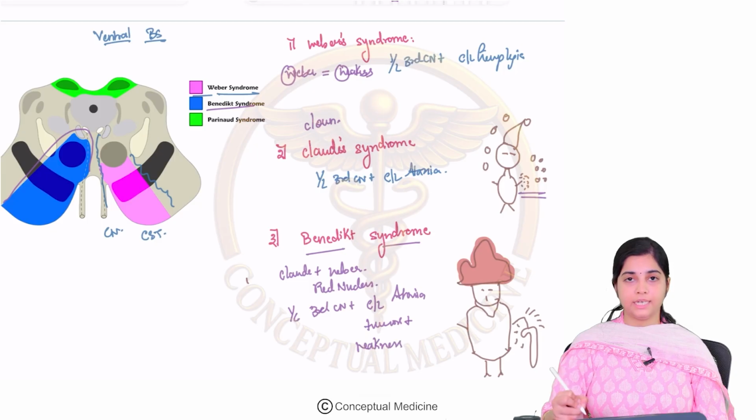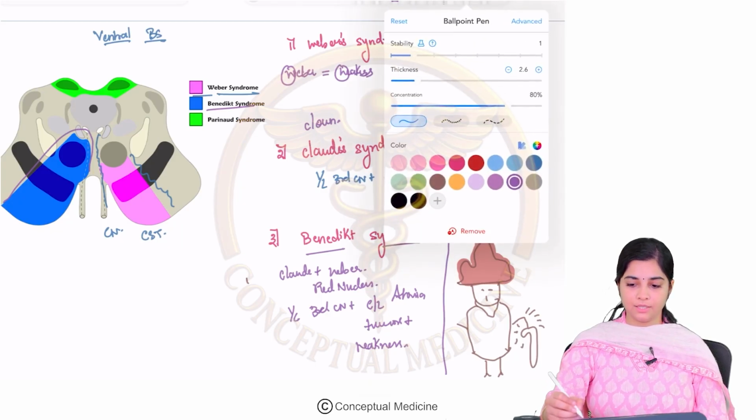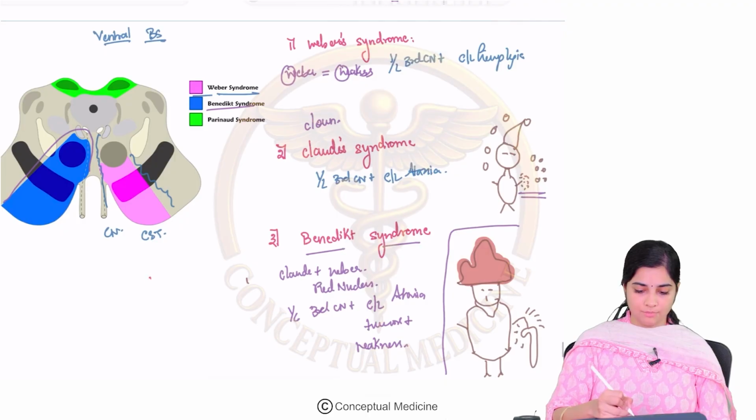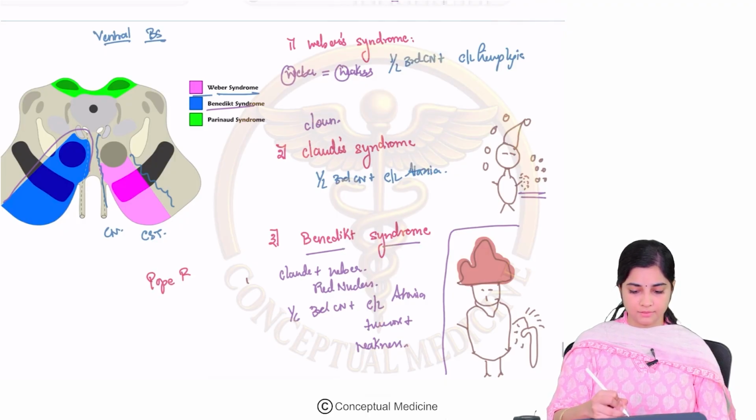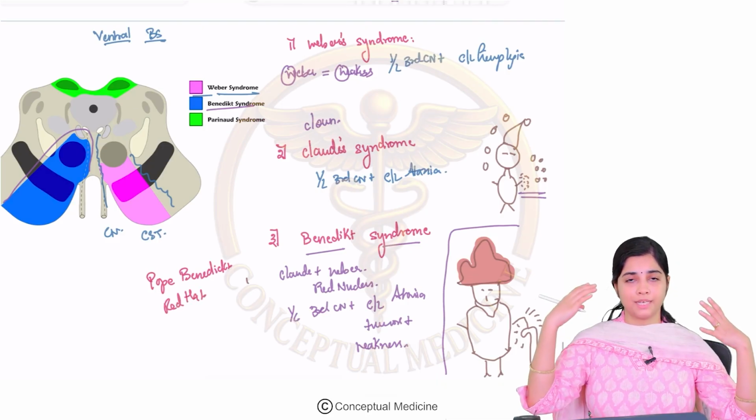How will you remember this? The visual mnemonic that I have given here is to remember Pope Benedict. To remember Benedict syndrome, you remember Pope Benedict, and he has a red hat. You always remember the popes have a mitre, right?